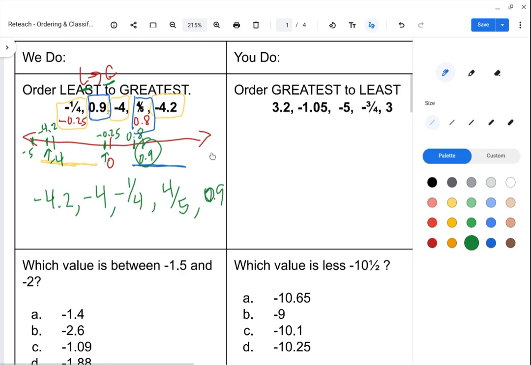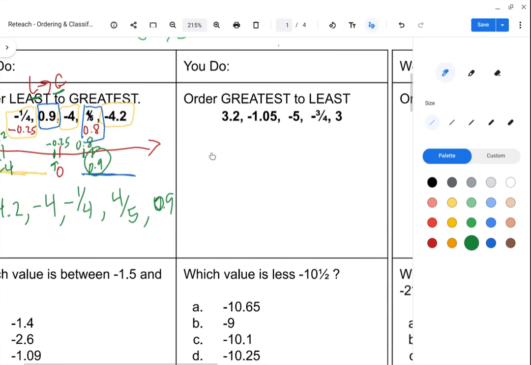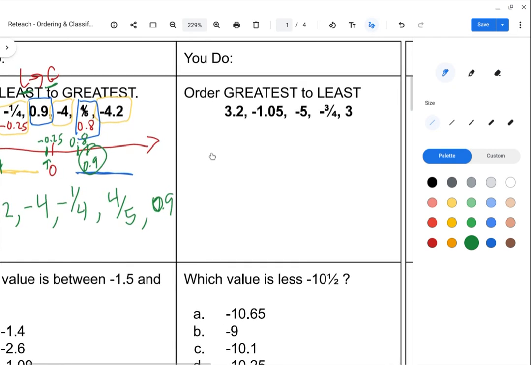All right, pause the video and see if you can do the next one by yourself. Let's see. Order from greatest to least. Once you finish, push unpause.